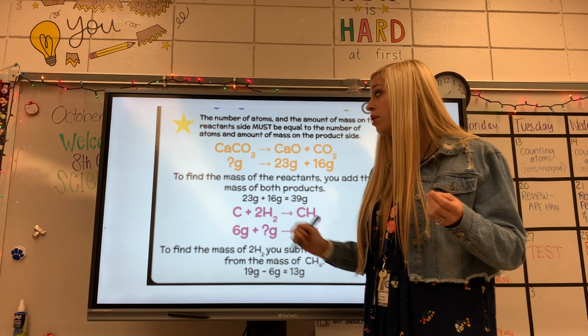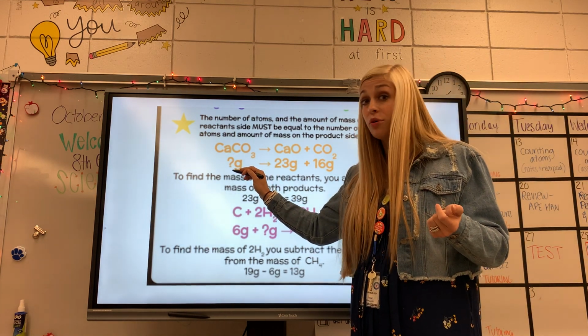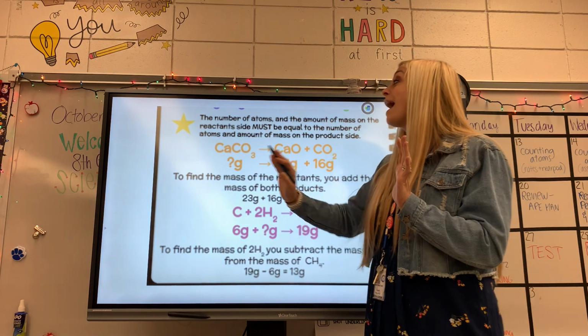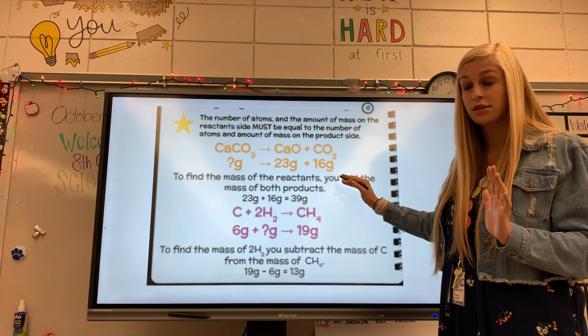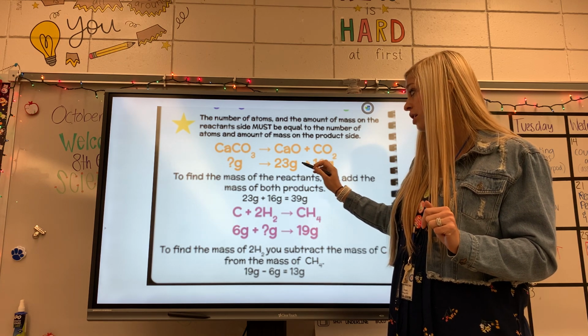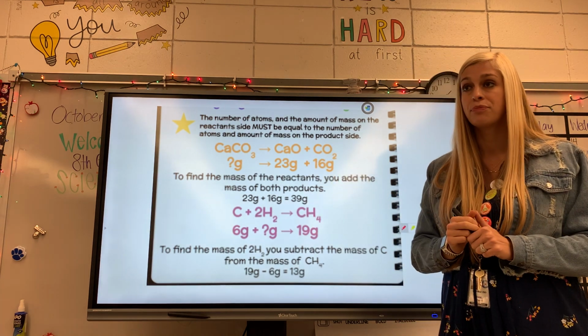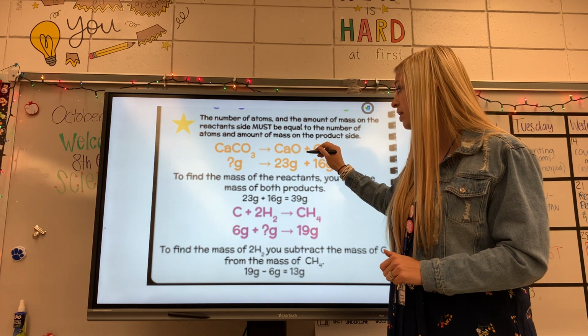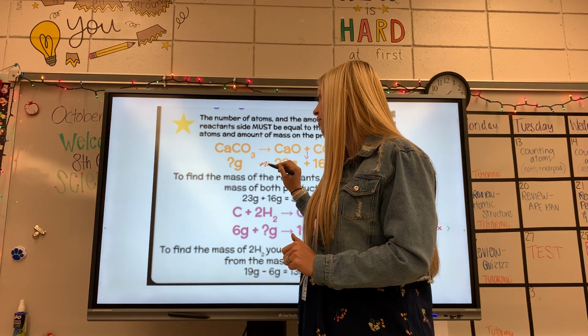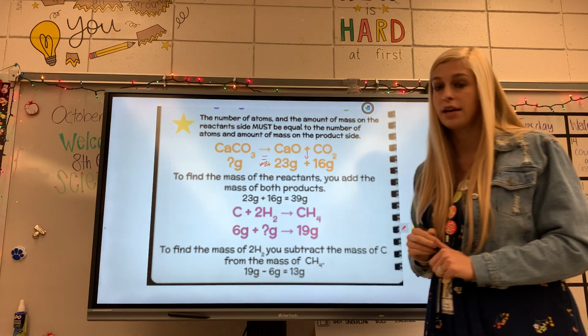All right, in this one, we don't know the mass of the reactants, but I bet we can figure it out because it has to be equal to the products. We have 23 grams here and 16 grams here. Normally this plus sign wouldn't be written for you, you just drop it down, and instead of an arrow, I like to put an equal sign.